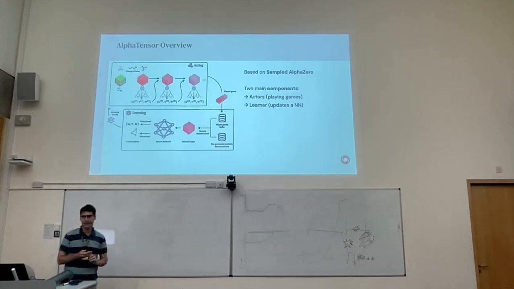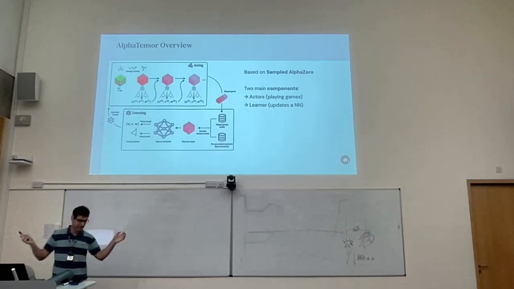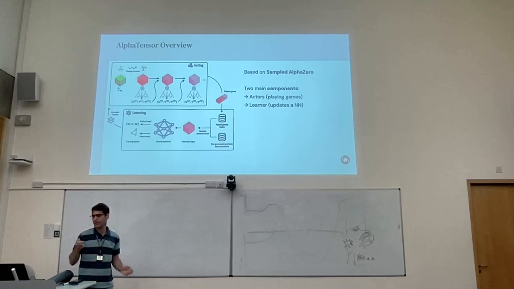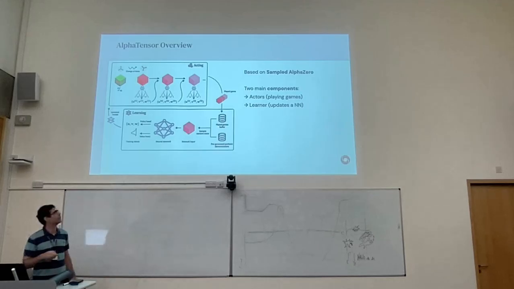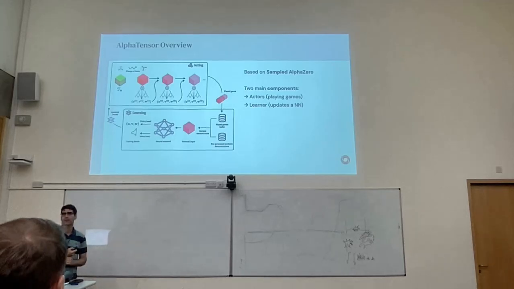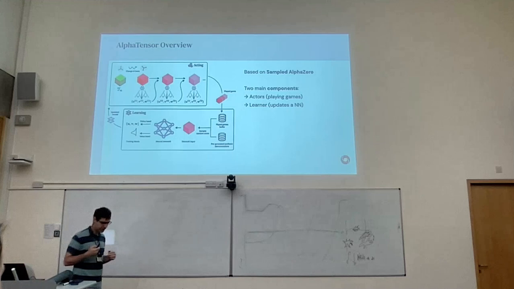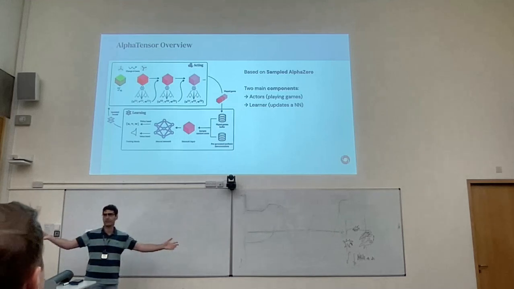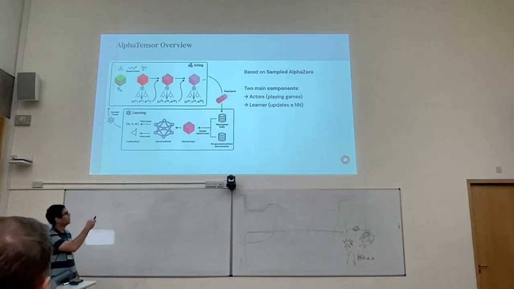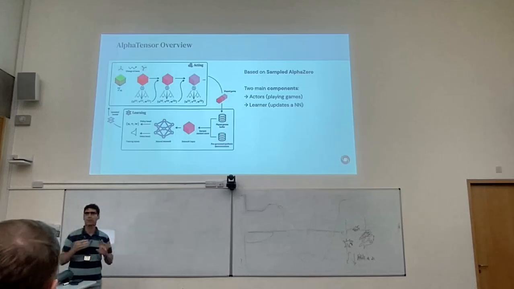First of all, it's a distributed system, meaning that it's running on many machines at the same time. One of the main components is the learner, which is one of the nodes, one machine. It maintains and updates the neural network. Then this neural network is sent to all the other machines, which are the actors, running in parallel, and their goal is to play games.